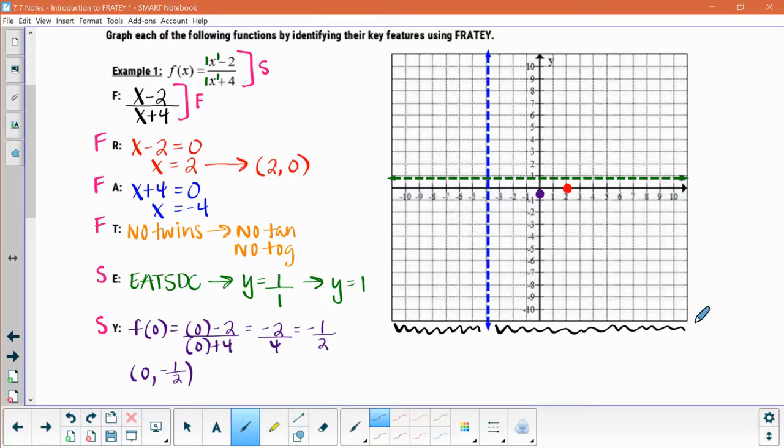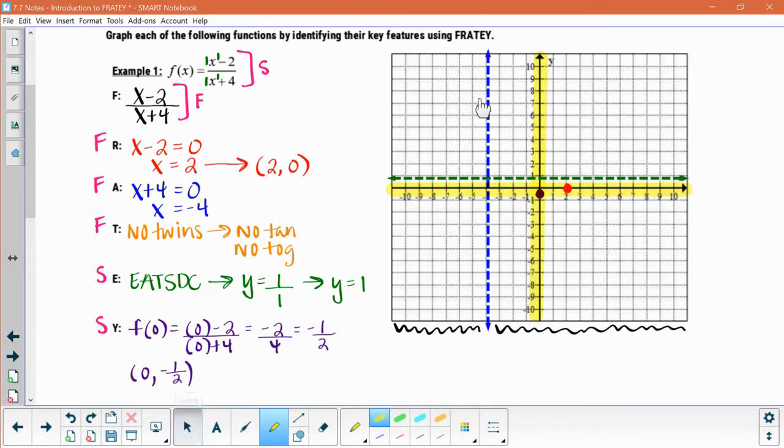Each vertical piece has to have one curve, either in the top or in the bottom. It cannot be both. So I need to either place a curve up here or down here. You also have to remember that we cannot cross an x-axis or a y-axis unless we have an intercept there.